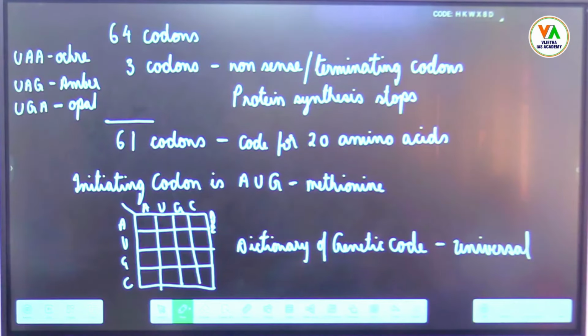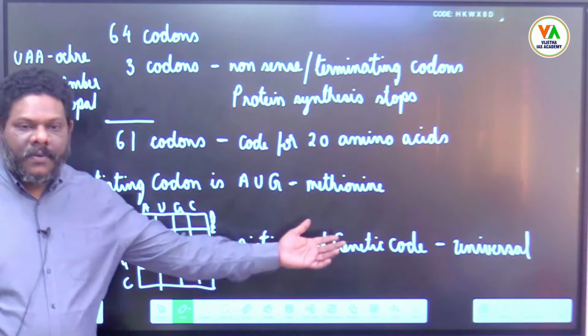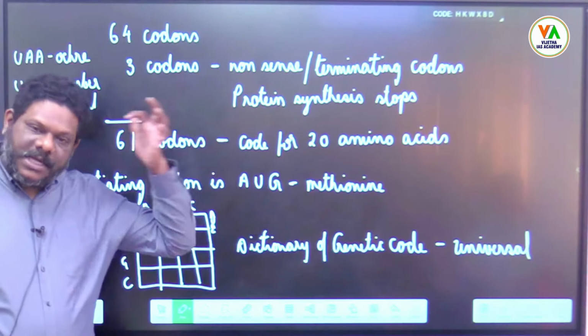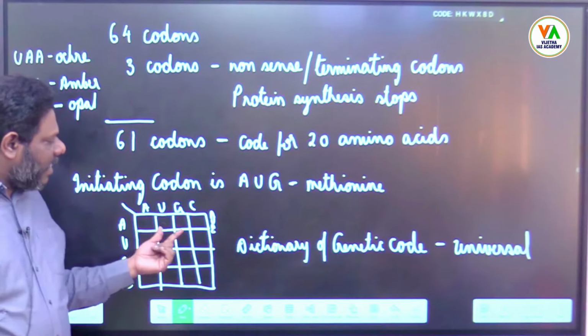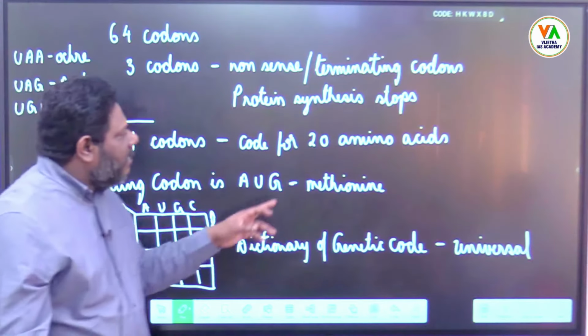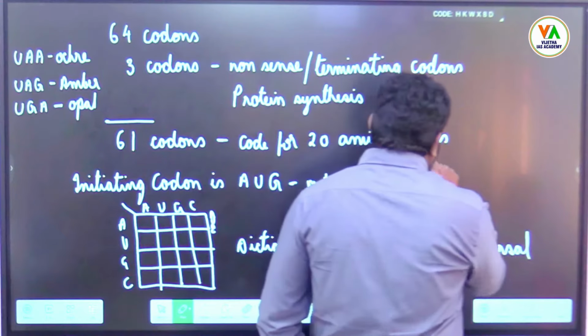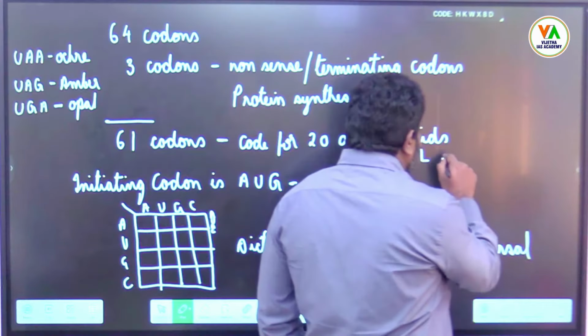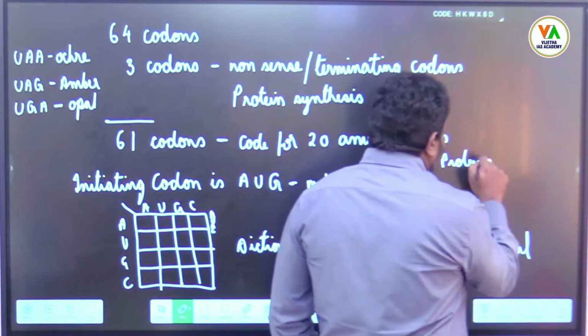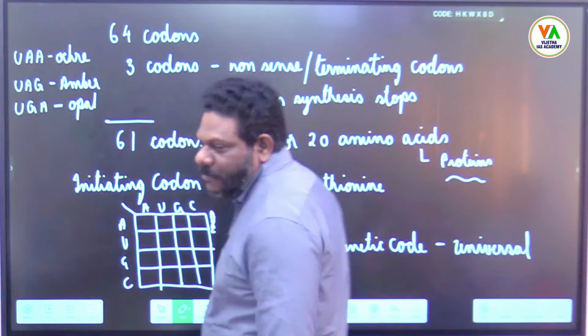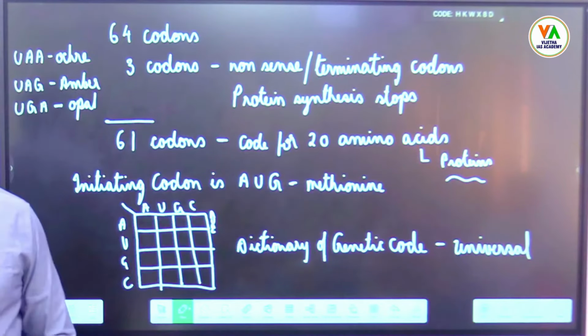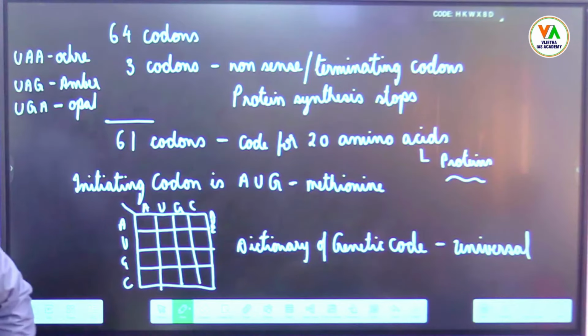That means all living organisms have the same dictionary. So according to that, they synthesize amino acids. From amino acids, proteins. A group of amino acids are nothing but proteins, and these proteins are either hormones, enzymes, antibodies, or a neurotransmitter, which are the biological molecules which help the body to perform its functions at the molecular level. You getting my point?